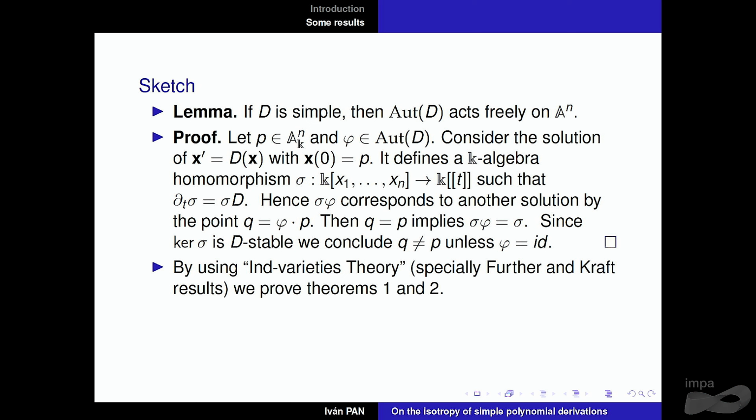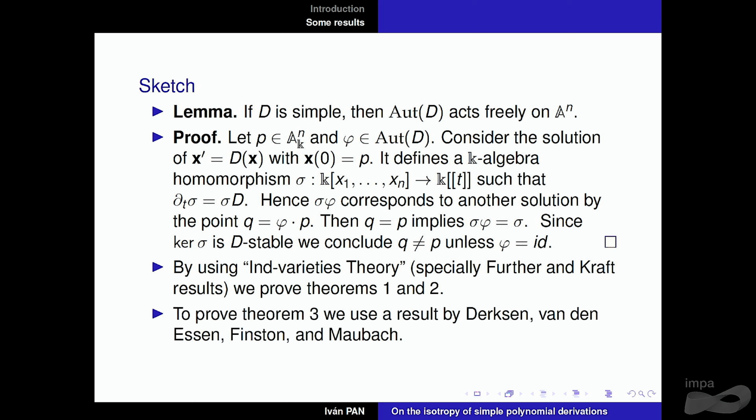Then we proved theorems 1 and 2 using this lemma, and theorem 3 in general may be deduced from some general results on derivations and affine geometry, due to Derksen, van den Essen, Fieseler, and Maubach, which uses this type of free actions on affine varieties. But what I will present is, in fact, as I said, a special case of theorem 3.